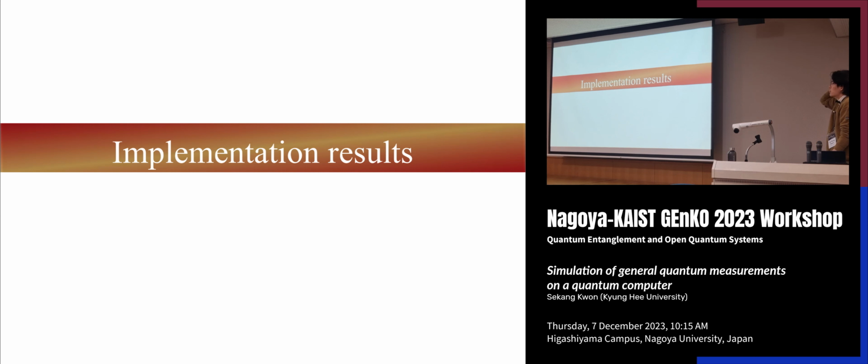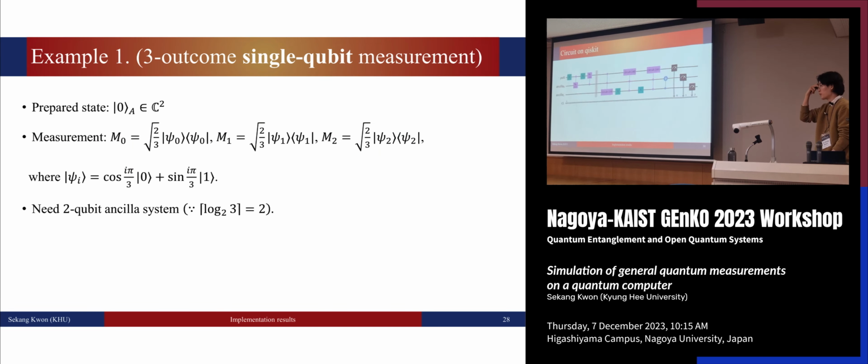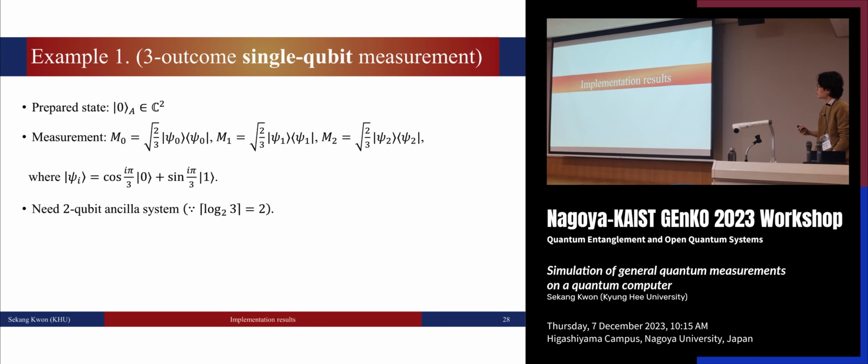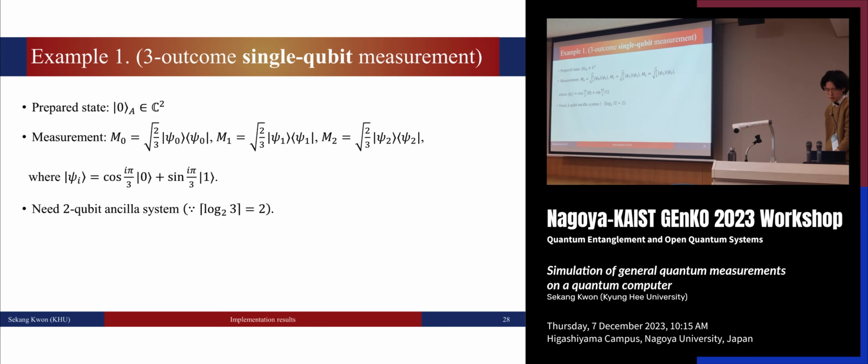Here we show our implementation results on IBM Quantum and IonQ machines. First, example 1. This is a three-outcome single-qubit measurement.